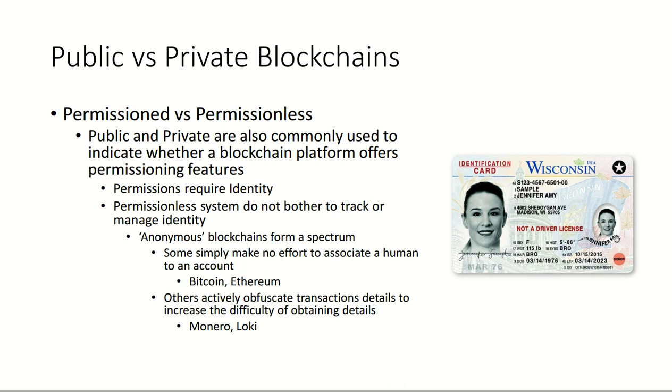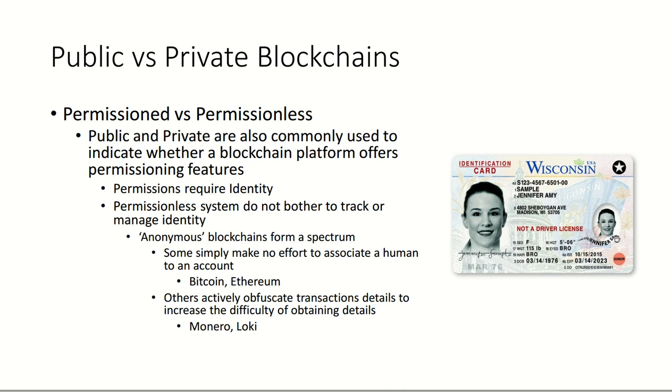At the other end of the spectrum, we have platforms like Monero or Loki, which take many steps to intentionally obfuscate transaction details to make it very, very difficult to trace back the individual participants involved in any one single transaction.